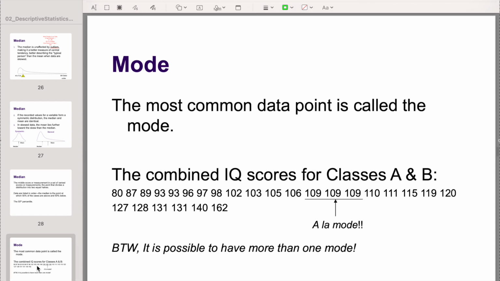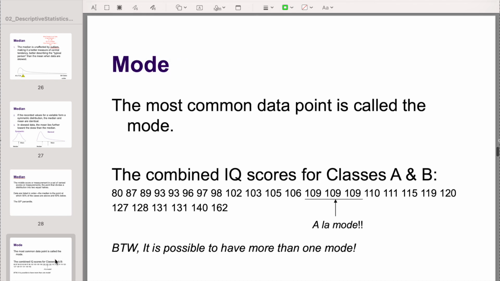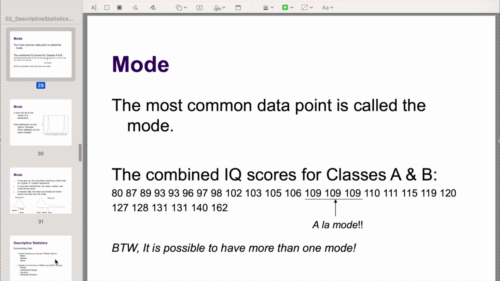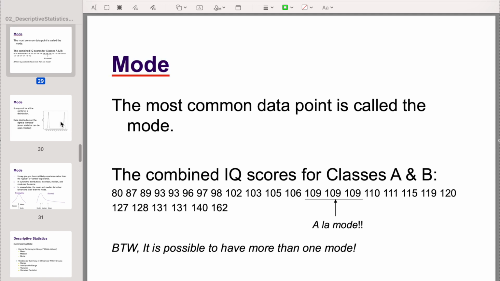So for that reason, we can calculate the median by taking the center point, or we can calculate something called mode. The mode would be the most frequently occurring item. So if we are to look at all these numbers, we will notice that the number 109 happens 3 times in the data, and it's the only one that happens 3 times.